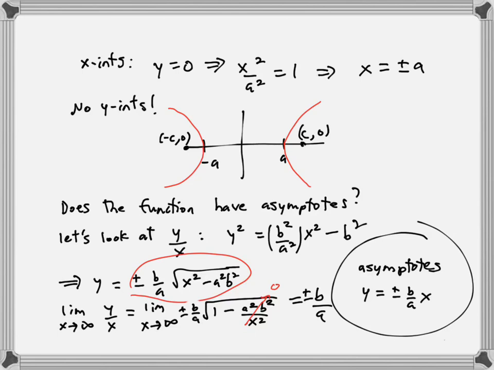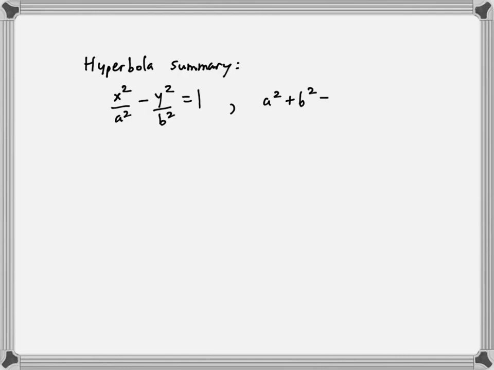Okay, so we've got our asymptotes, and now I want to give the hyperbola summary here, because now we know everything about them. If we have x squared over a squared minus y squared over b squared is equal to 1, and remember, we know that a squared plus b squared is equal to c squared, we have what we call the vertices, and the vertices of a hyperbola are plus or minus a, 0.